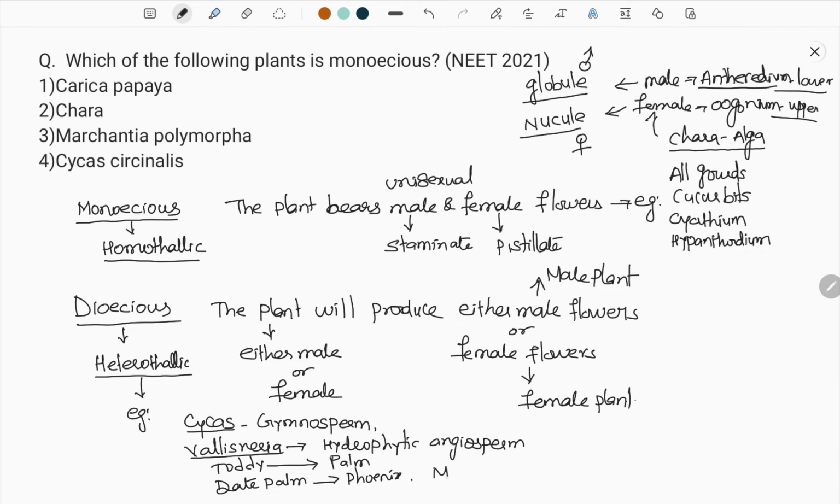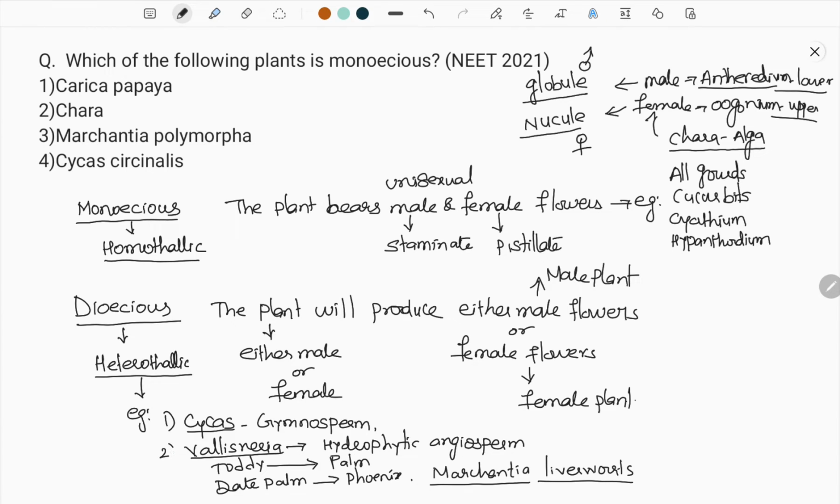Another example is Marchantia. Marchantia is a bryophyte, a liverwort. In Marchantia the gametophytes are dioecious, where antheridia and archegonia arise on different plants. So Cycas is a dioecious gymnosperm.